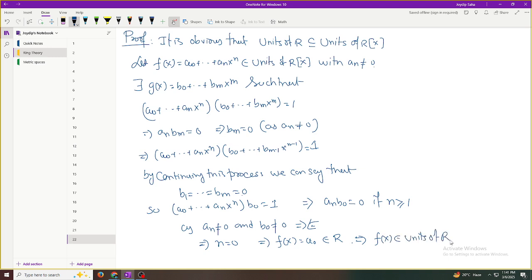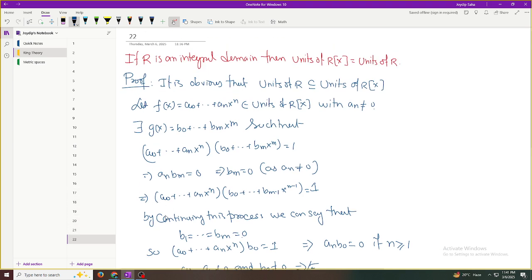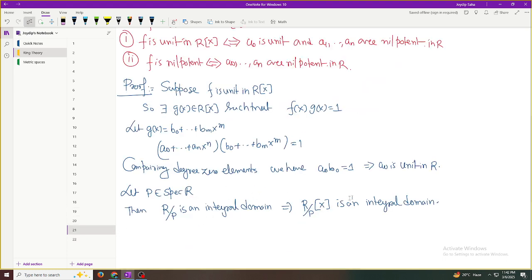Units of R. Now back to this problem. So we see that units of R[x] equals units of R. So all units of R[x] come from R. Now here, R mod P is an integral domain, right?